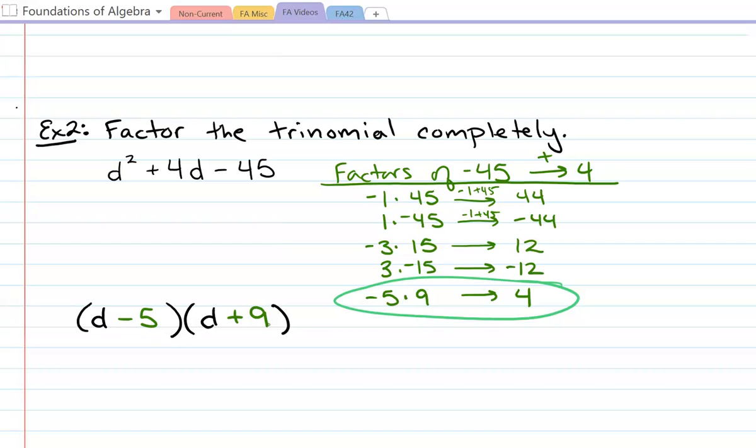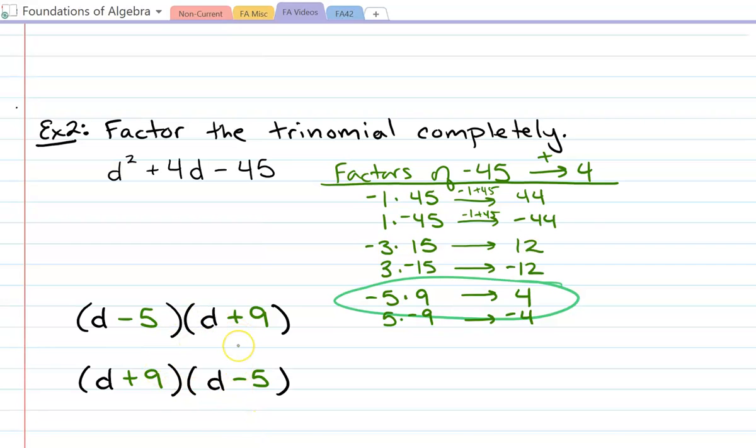And notice, if we switch them, 5 times negative 9 will add to negative 4. So we have to get the same number and the same sign as we do in the middle. Also notice that we can rewrite this as d plus 9, d minus 5, and it is the same thing.